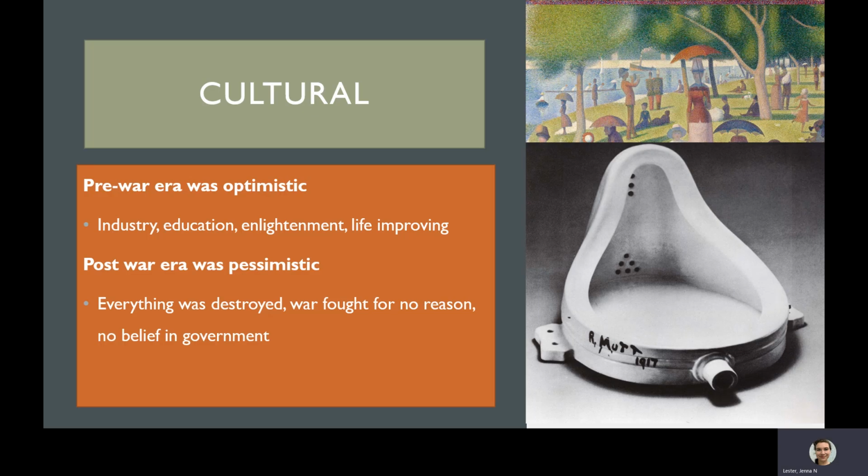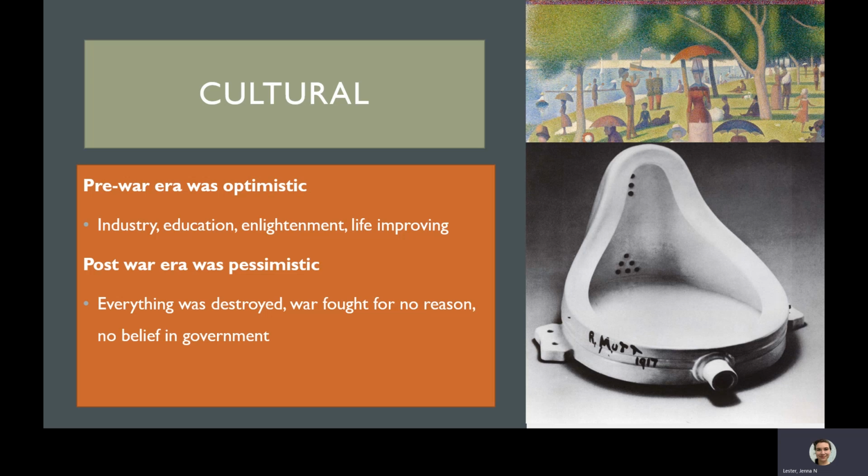Cultural consequences. Before the war, everyone was pretty optimistic. This is a pointillism painting that is pretty representative of how people viewed life before the war. Industry was happening. There was a rising middle class.